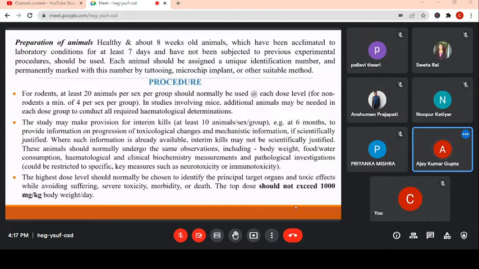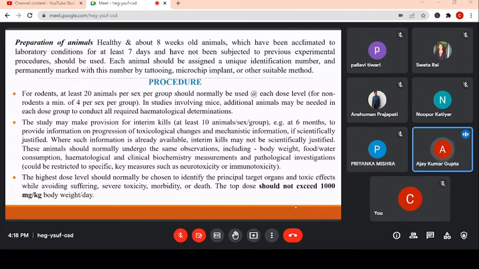That is why tattooing is another procedure people are adopting. With the latest advancement, the microchip implant is the latest technique, or any other suitable method could be discovered or developed by you people also. So let us see the procedure.